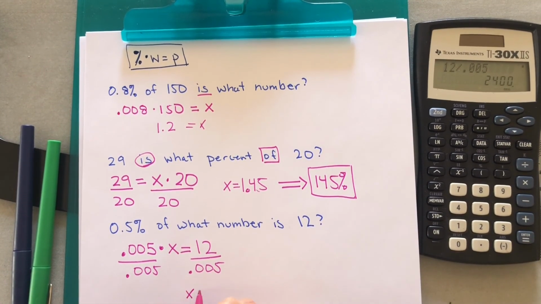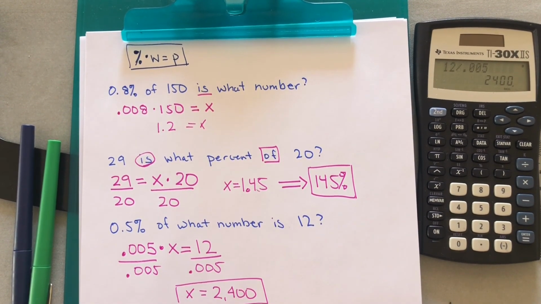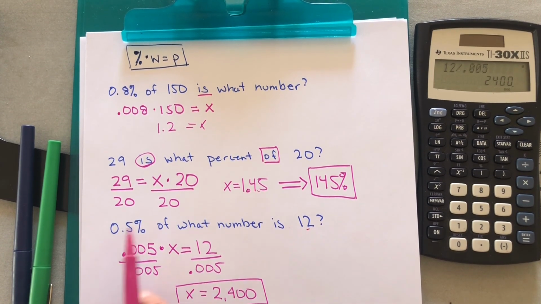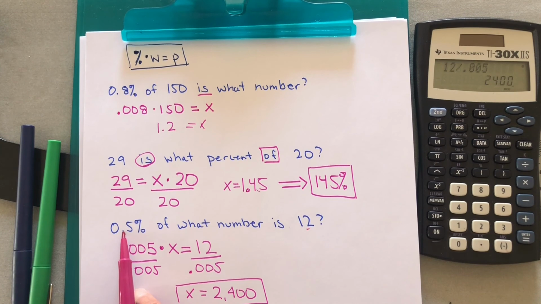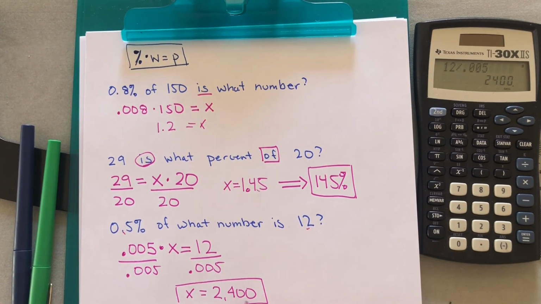So x equals 2,400. That's the whole we're looking for. So basically what we're saying is that 12 is 0.5% of 2,400. And that makes sense because if we just calculate 1% here, then that would be 24. So the fact that 12 is less than 24 means it makes sense that it's less than 1%.